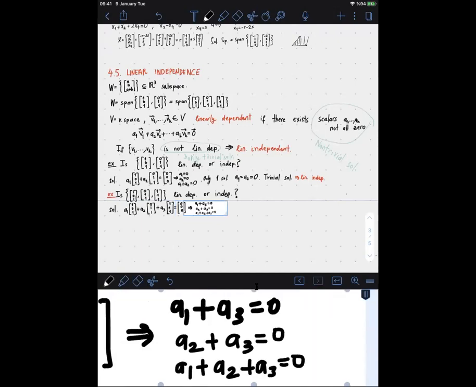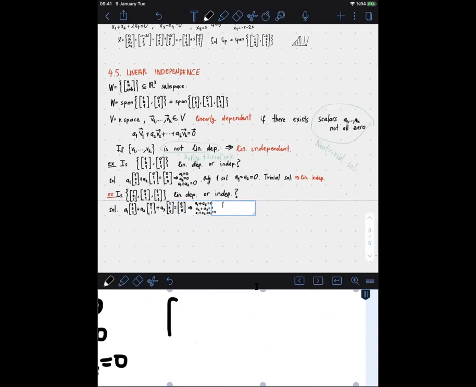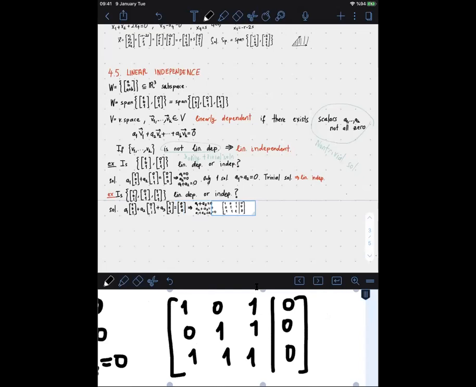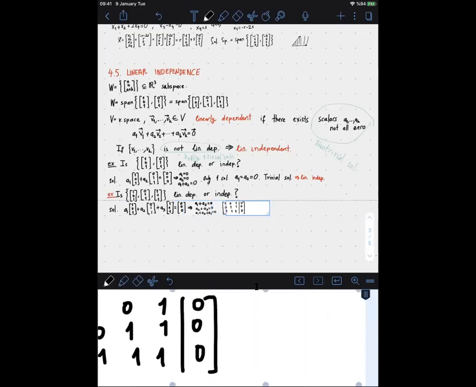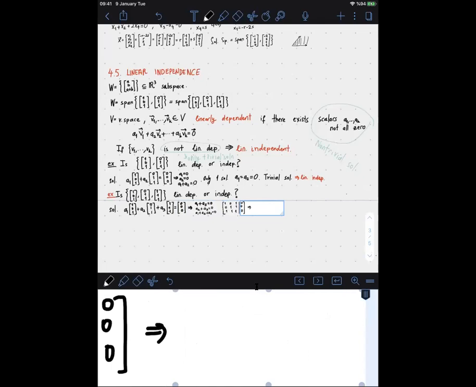Now we are looking for the solutions of this. This is the same problem that we've been doing all the time, right? So I can write this as a matrix system like this, and then I write the right-hand side, which is zeros, and then do the row operations. Let me do this quickly.